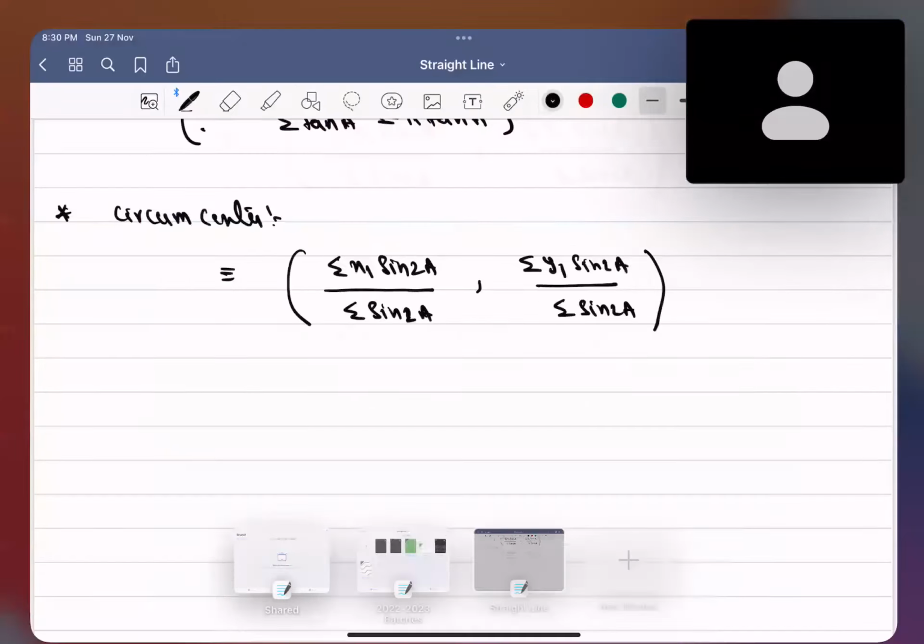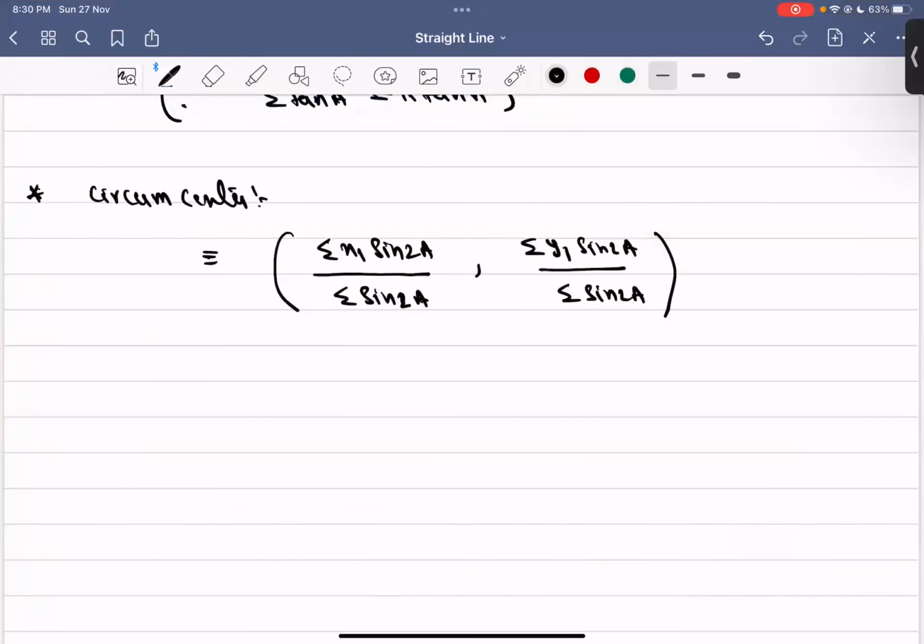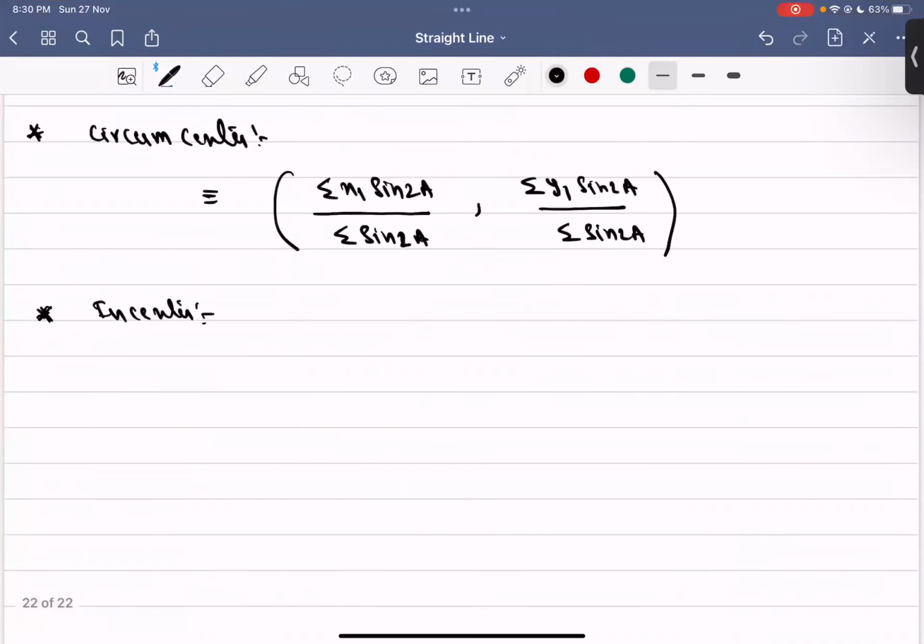So next one is incenter. The formula for incenter is sigma a x1 by sigma a, sigma a y1 by sigma a.